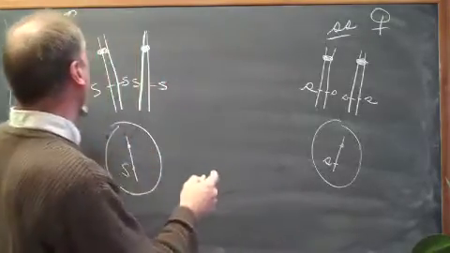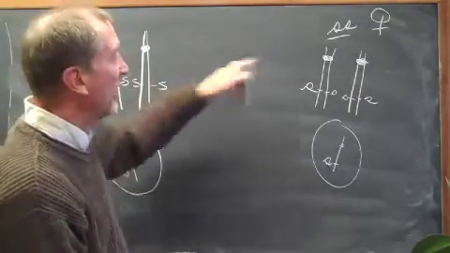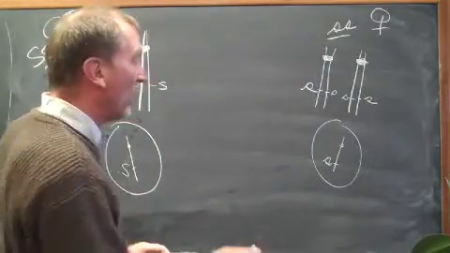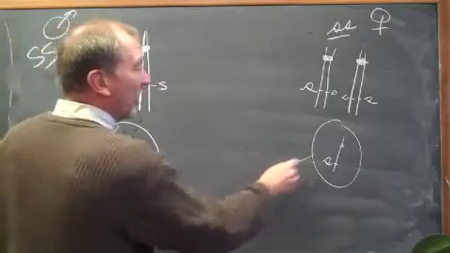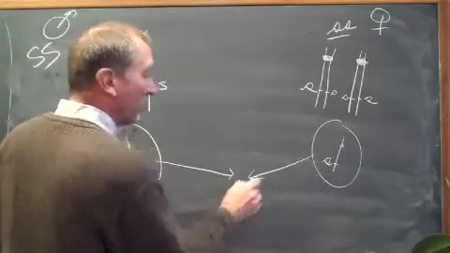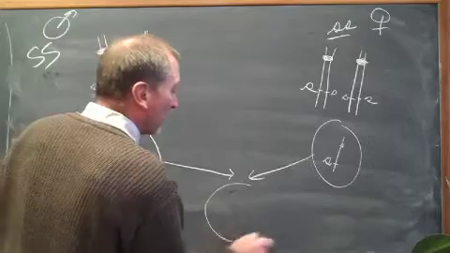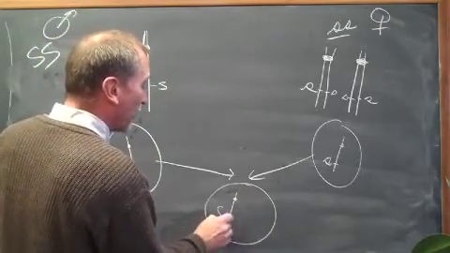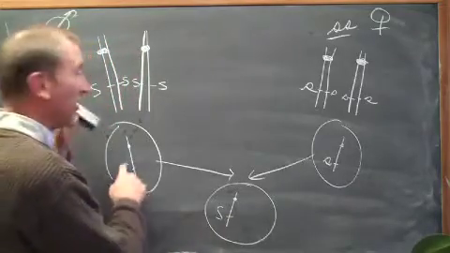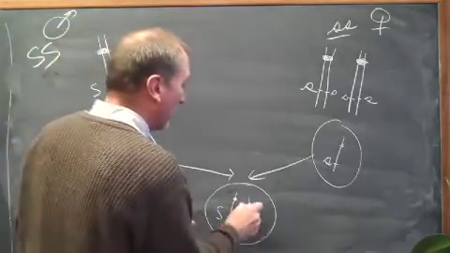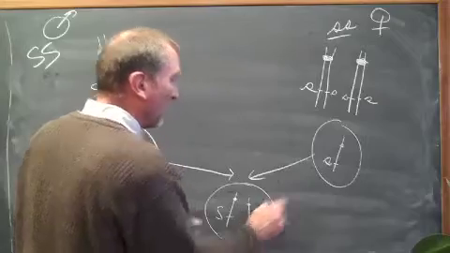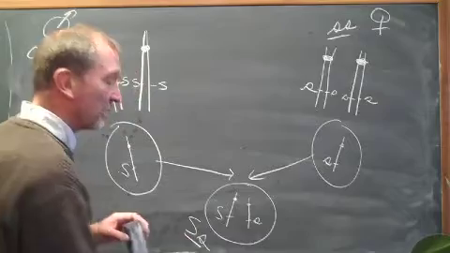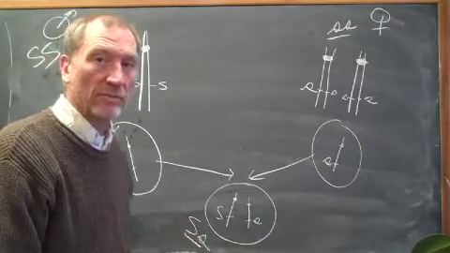So when we cross the homozygous dominant big S by the homozygous recessive little s, the F1 is always going to be the combination of these two particular gametes. The zygote is going to have the big S allele from, in this case, the male, and the little s allele from the female, and so it's going to be the big S, little s heterozygote.